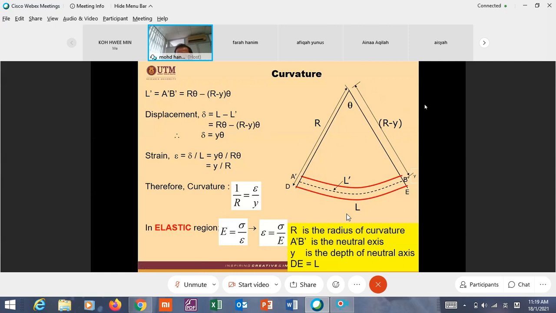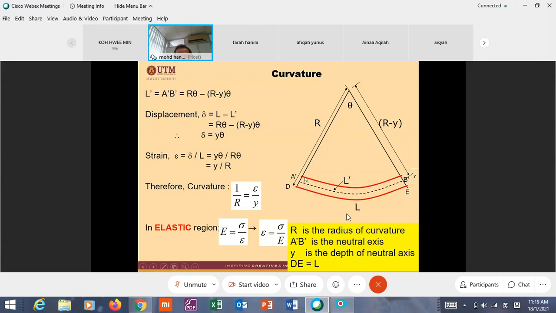Look at this figure. A'B' is the curvature or the length of the centroidal axis, and A'B' will not change whatever the curvature.